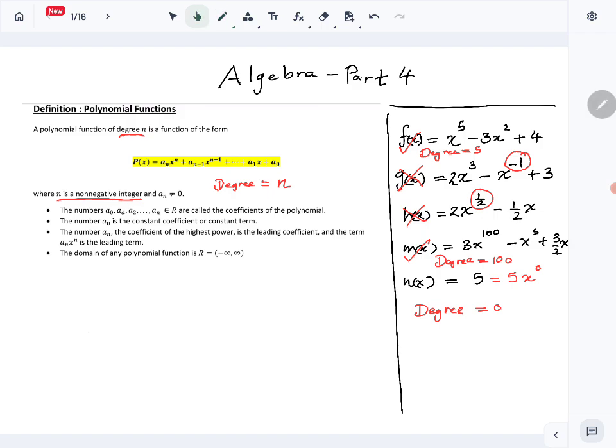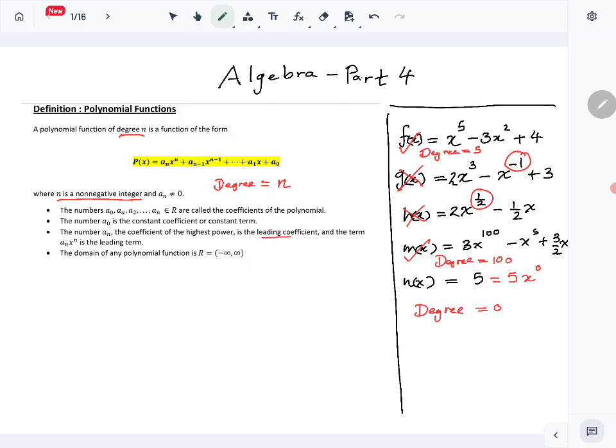Then let's look at the other bullet points given here. This form is also called the standard form of the polynomial. Remember that also, right? A naught is the constant term, the one without the x. It's also called the constant coefficient. Then the number an, which is associated with the highest power term, is called what?